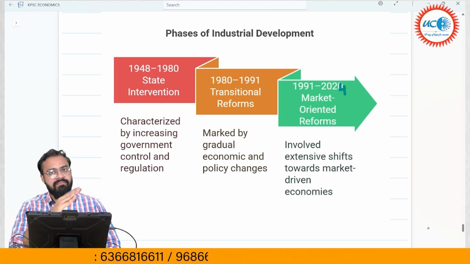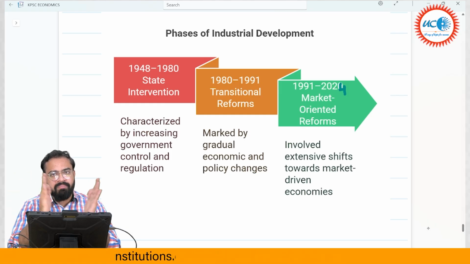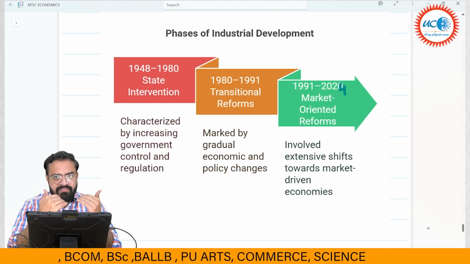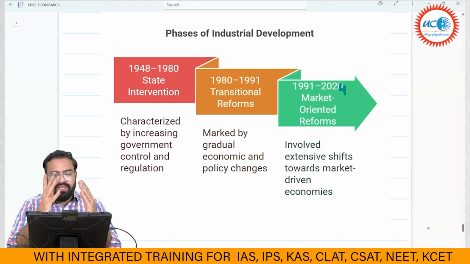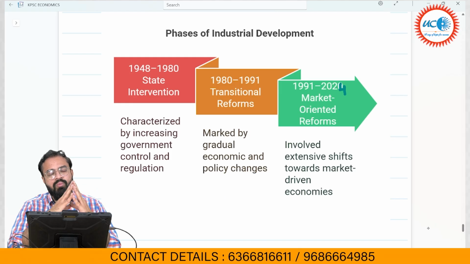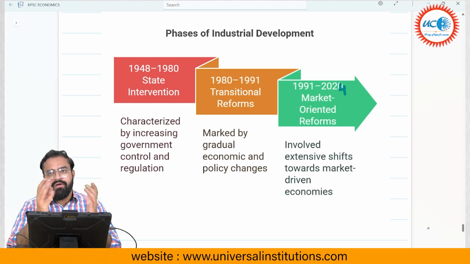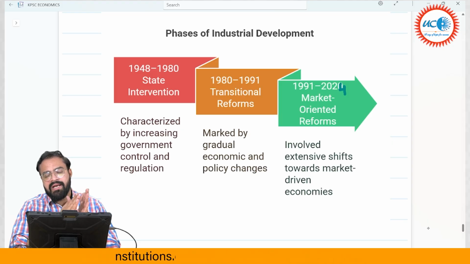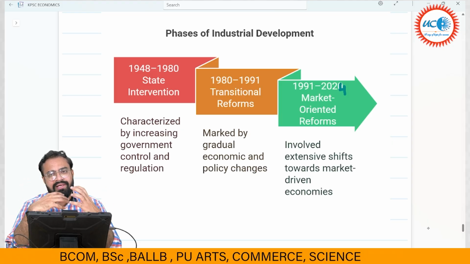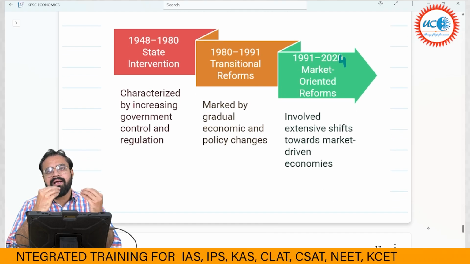Second, 1980 to 1991, where we started to open up a little bit, where we started to ಖಾಸಗಿ ರಂಗಕ್ಕೆ ಸ್ವಲ್ಪ ಪಾತ್ರವನ್ನು ಕೊಡೋದಕ್ಕೆ ಸ್ಟಾರ್ಟ್ ಮಾಡಿದ್ವಿ. Right after that, 1991 happens to be the landmark year where we carried out the LPG reforms. 1991 to 2024, we call the years where we carried out extensive market reforms.